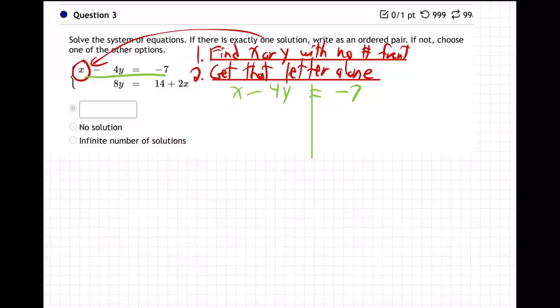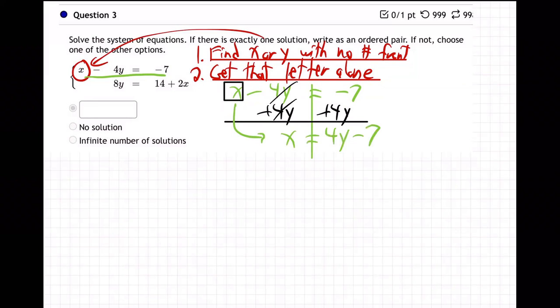So I'm going to get that letter alone. So this X here, I want to get it alone. So I'm going to add 4y to both sides. And boom. Bring this down. X equals 4y minus 7.